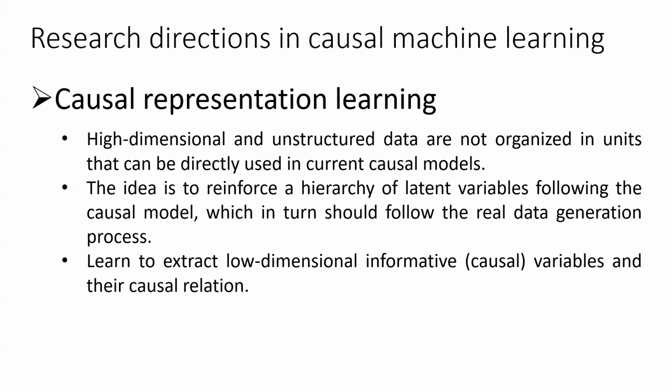The idea is essential when considering learning and reasoning with real healthcare data. The idea of causal representation learning is to reinforce the hierarchy of latent variables following the causal model, which in turn should follow the real data generation process. Basically, it learns to extract low-dimensional informative variables and their causal relations.